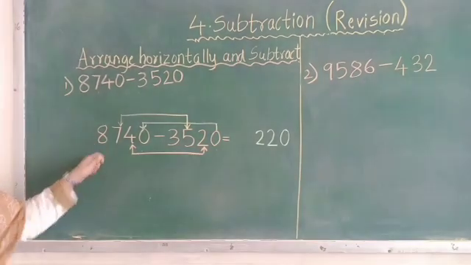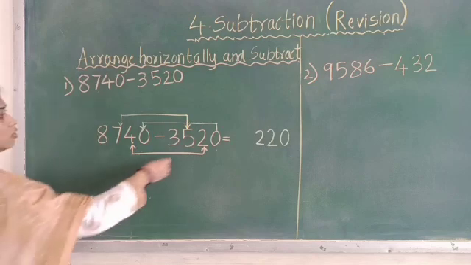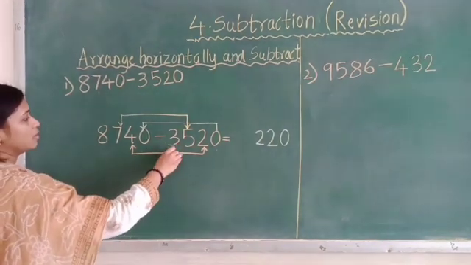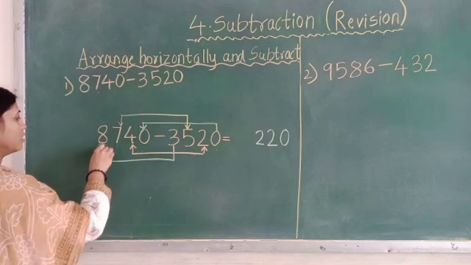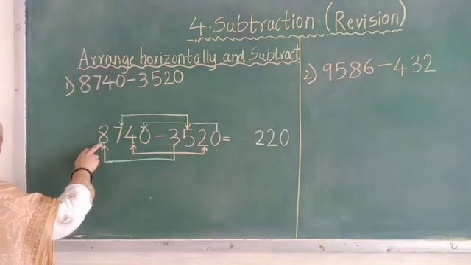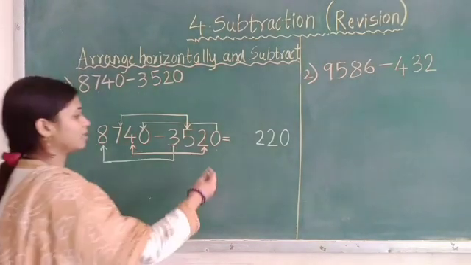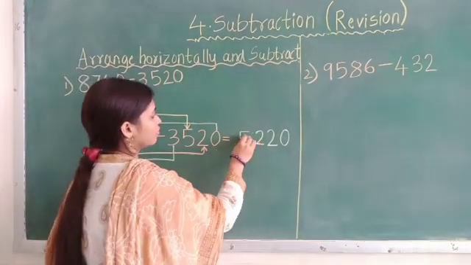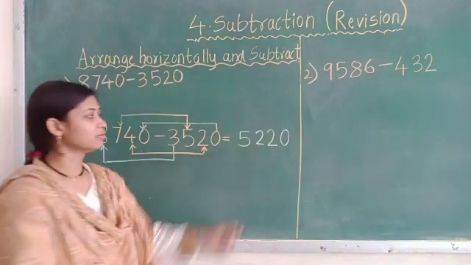Now we will see the number in the thousands place. So 3 in the thousands place here and 8 in the thousands place here. So 3 we will subtract from 8. 8 minus 3 is how much? 8 minus 3 is 5. So what is our answer here?